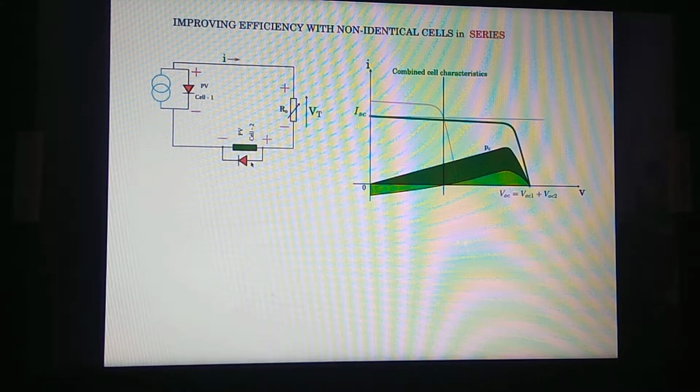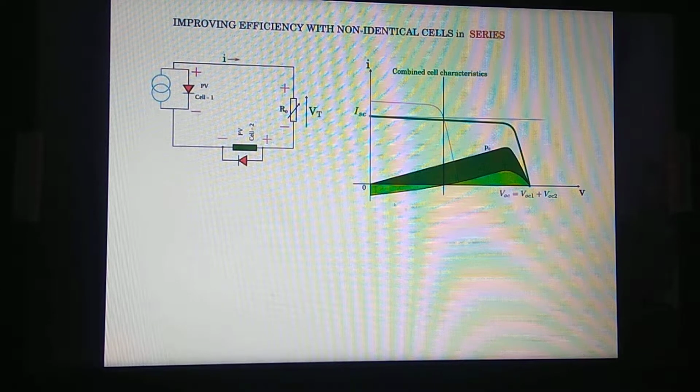I will explain that a bit more later. For now, consider that this diode is ideal and the cut-in voltage is 0. So the moment PV cell 2 reverses polarity, the diode cuts in and bypasses PV cell 2. Thereby, you will not have any power dissipation within this cell and the cell won't get hot and deteriorate.